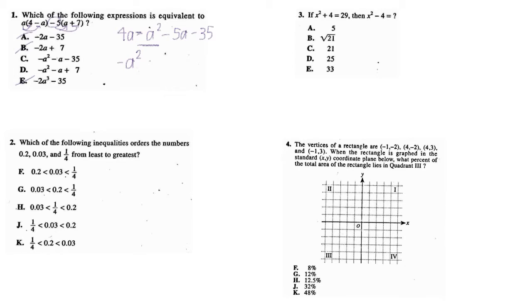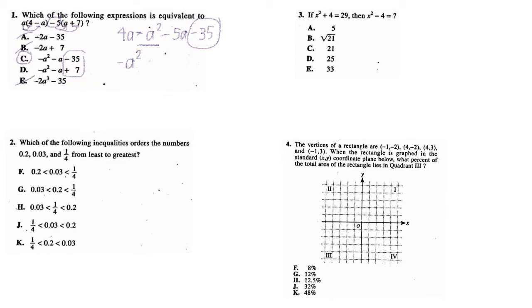Then our two answer choices really come down to noticing, do I have negative 35 or positive 7? So when I start collecting my like terms, I would just notice what's going to generate that negative 35 or a positive 7, which would be that last number. So that's going to give me answer choice C.